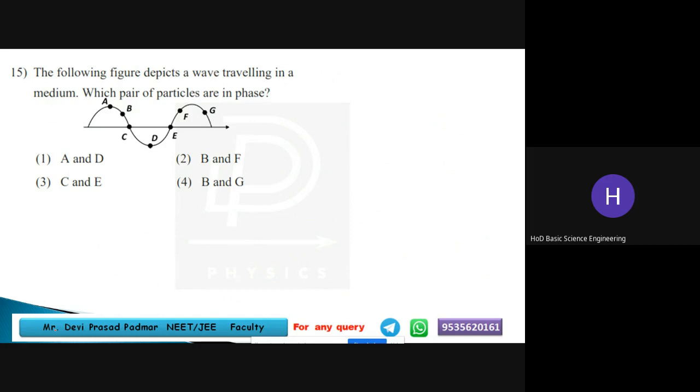Always, particles separated by a distance equal to wavelength are said to be in same phase. Please remember that.